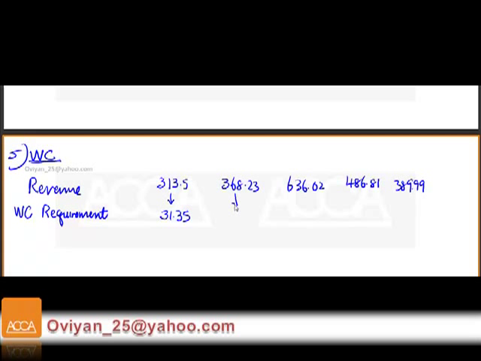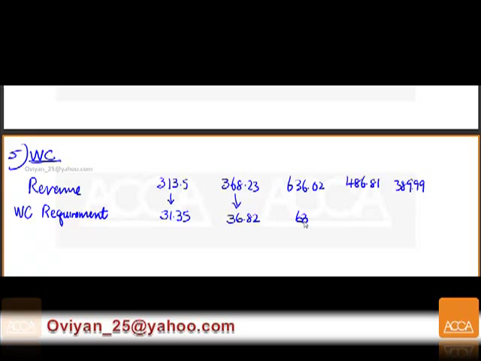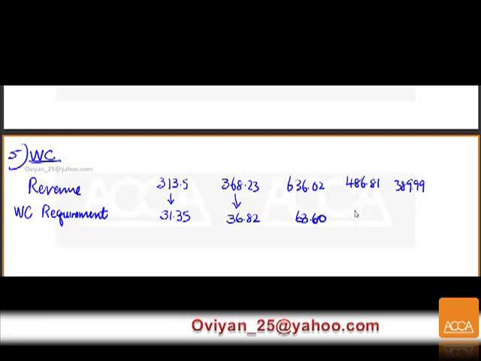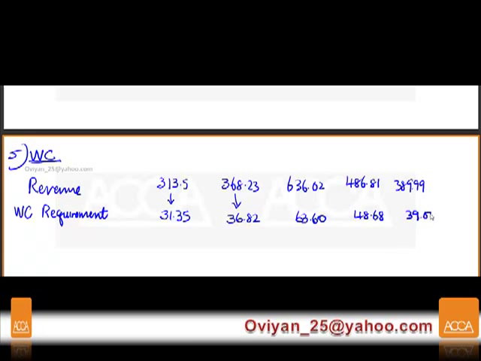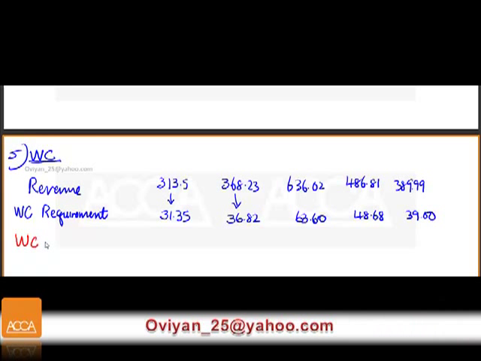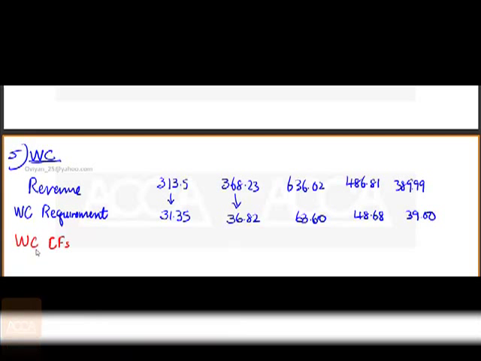This is what you require in the second year. 36.82, 10% of it. 63.60, 48.68, 39.00, 10%. Now this is where you have to be careful. This is what you want: working capital cash flows. This is what you require, 10% every year.